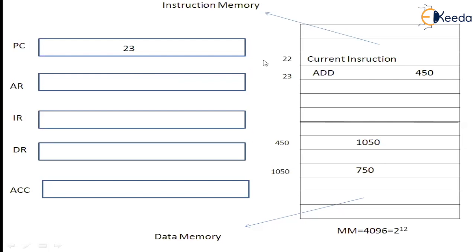The first thing that we're going to do is get the instruction which is available at the 23rd address. But the program counter cannot send its address references to the main memory, cannot locate any address in the main memory. Only the address register can communicate with the main memory. For that reason, the address which is available at the program counter should be transferred to the address register.